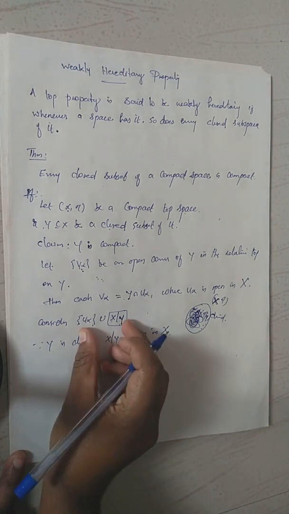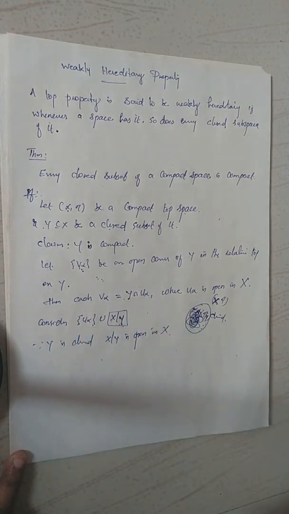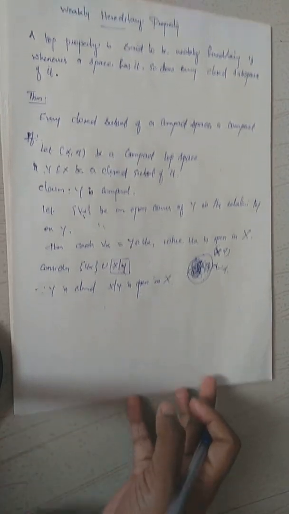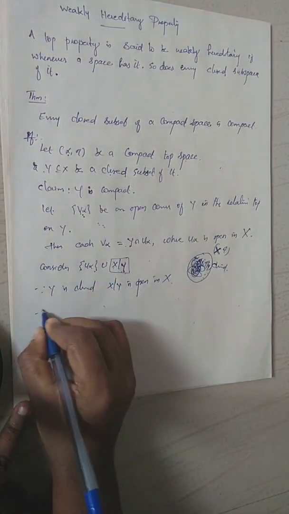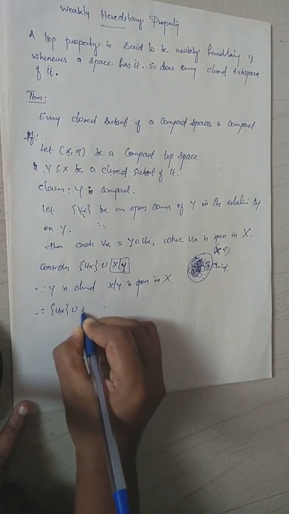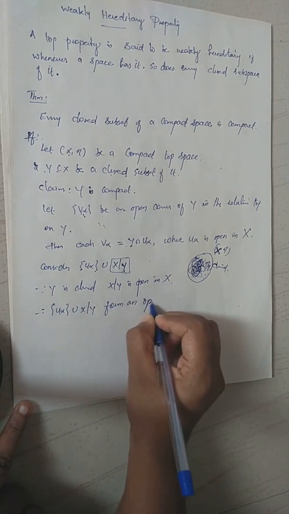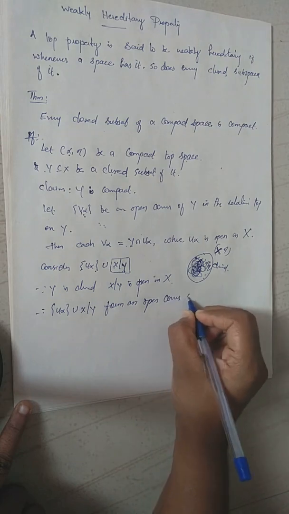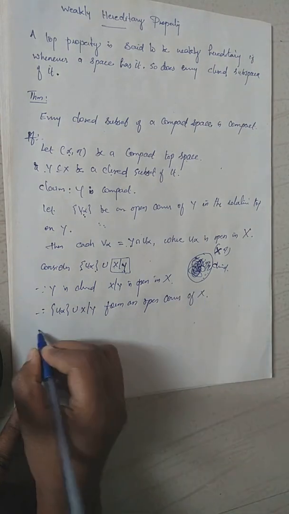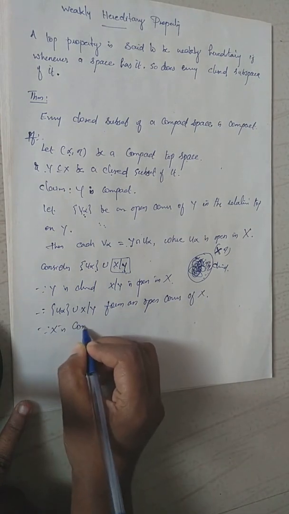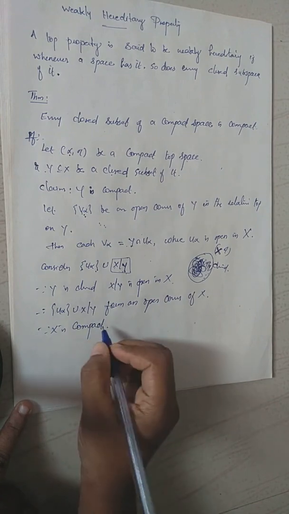Therefore, the collection U alpha union the set X minus Y forms an open cover of X. Since X is compact, it has a finite subcover.